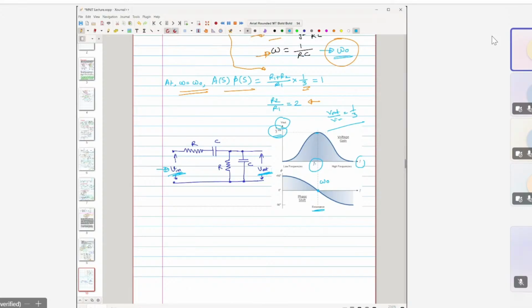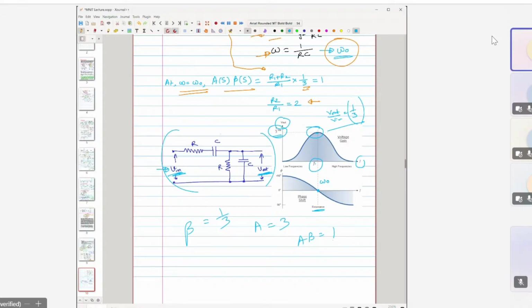So at omega equal to omega naught, this does not produce any phase shift, and at the same time it produces the maximum amplitude, which is 1/3 of the input, right? So this beta is 1/3. What is A, the gain? A is equal to 3. So that makes A beta equal to 1.